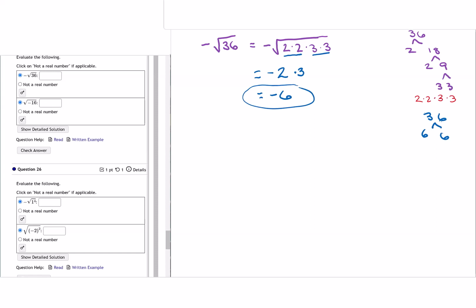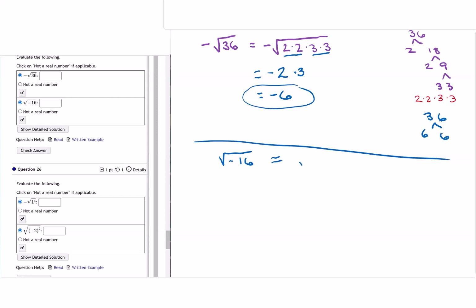Now for the second one, I have the square root of negative 16. Okay, well, 16, let's say we know that the square root of 16 is 4.